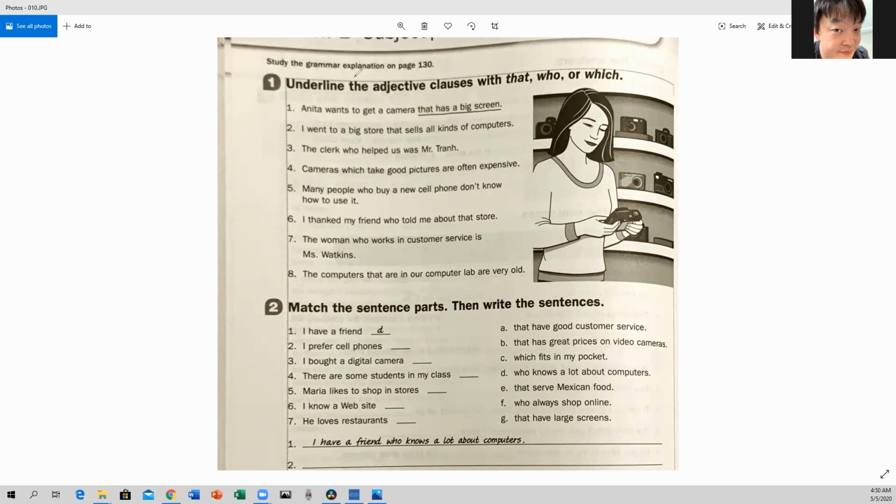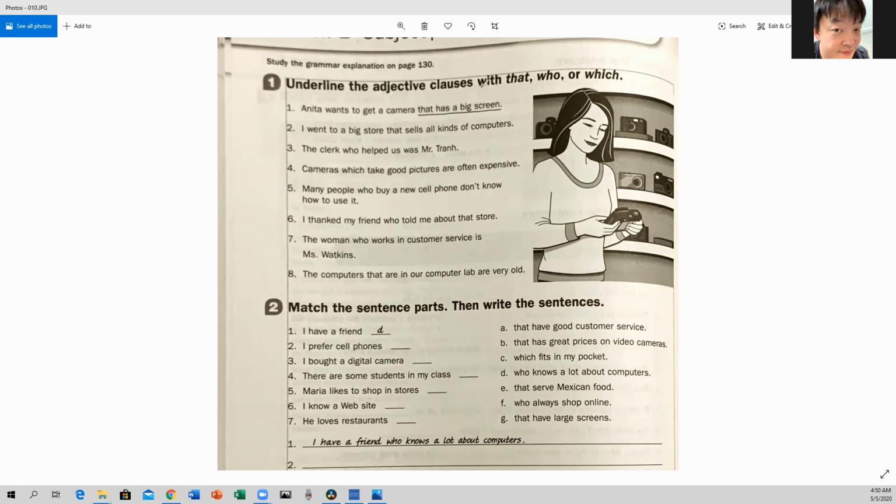What we are learning now is that some pronouns can be used to introduce some sentences.